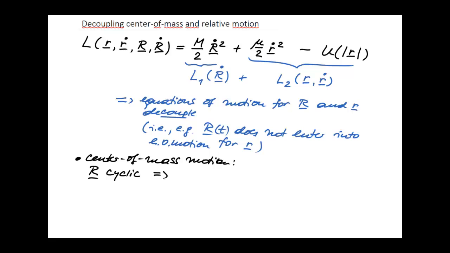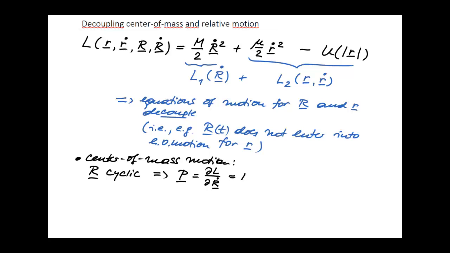This immediately implies that the associated momentum is conserved, is a constant of the motion. So this implies that the center of mass momentum, capital P, which is defined as the partial derivative of the Lagrange function with respect to velocity. Let me write it in vector notation in this way.